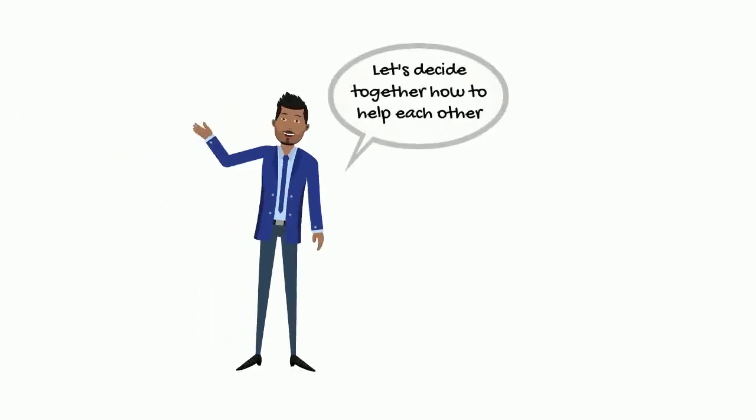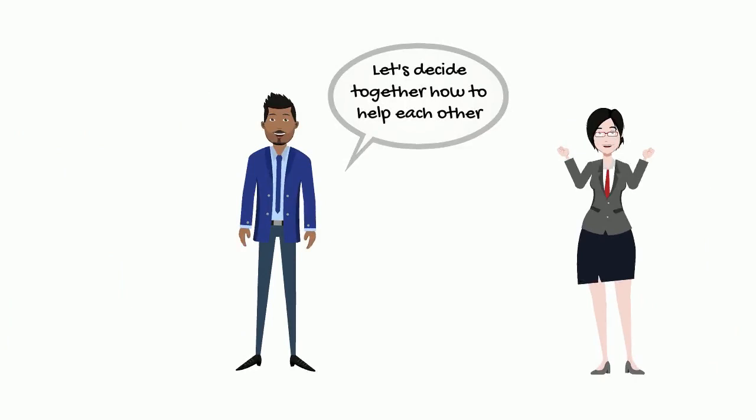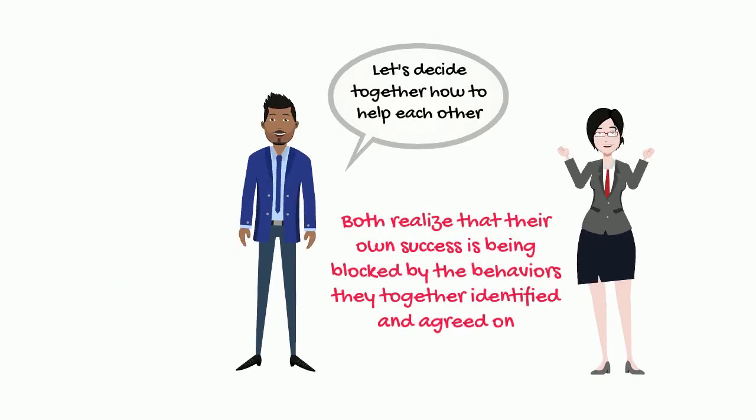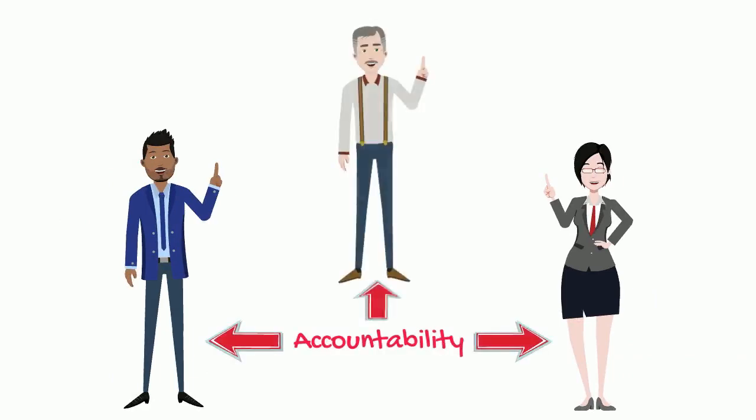More often than not, the former adversaries decide together how to help each other be more effective, because both realise that their own success is being blocked by the behaviours they together identified and agreed on. Accountability to each other, and possibly their boss, makes the changes real.